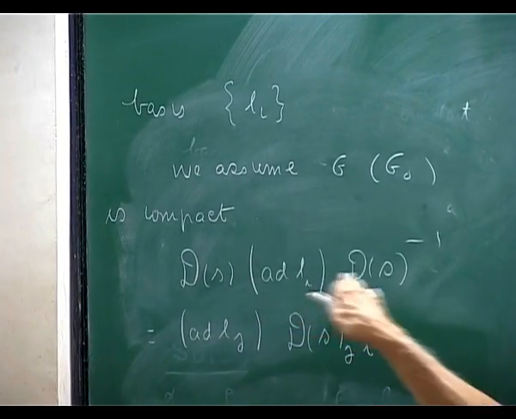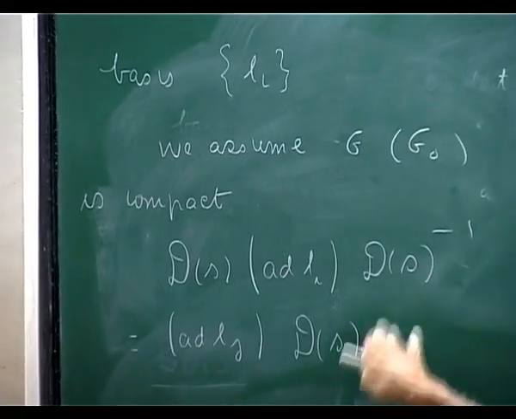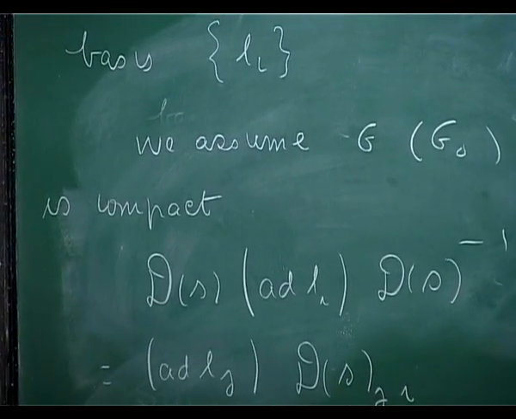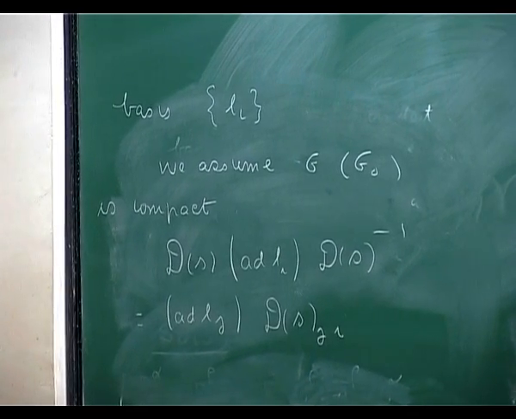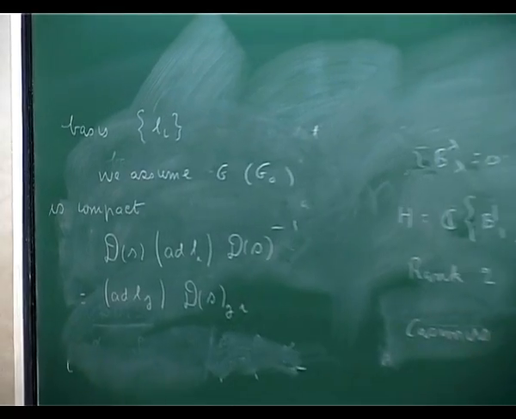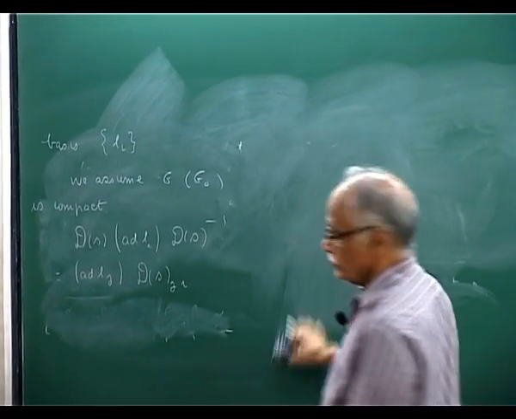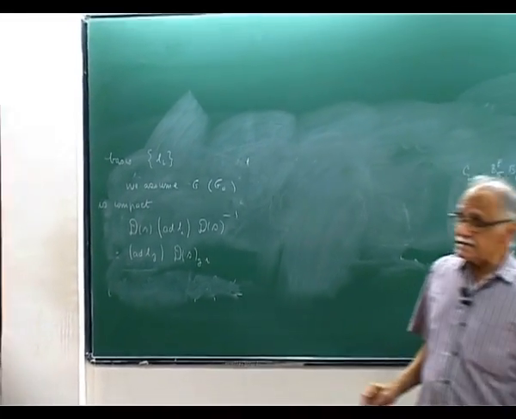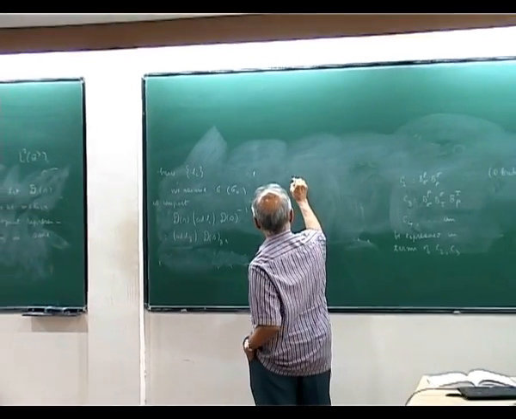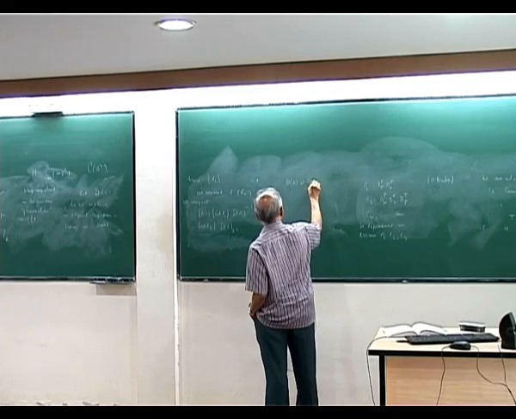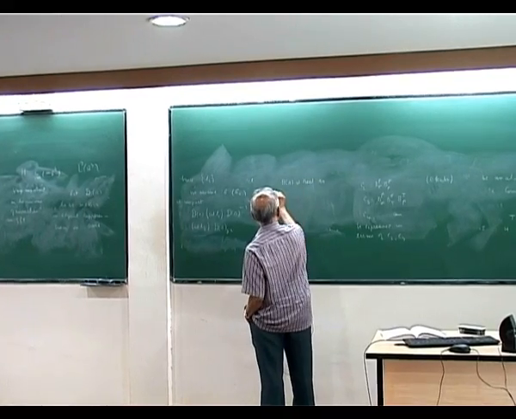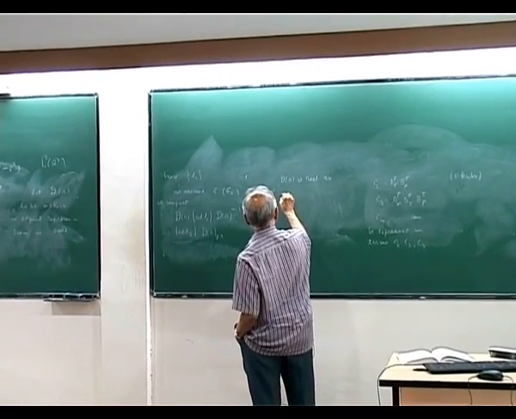This is the matrix for the adjoint action of the group element acting on the Lie algebra, and I choose some basis. Now clearly D(s) is real, as L is a real Lie algebra.